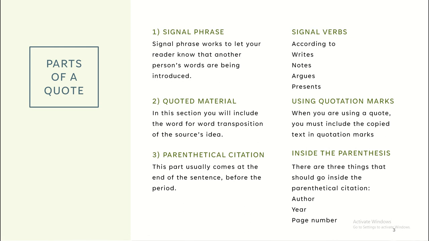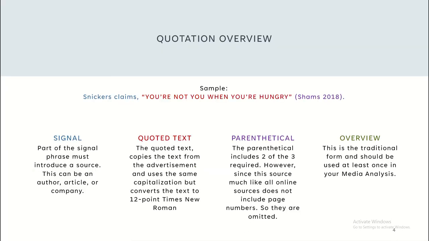And so let's take a look at an example. Now, in this example from the Snickers commercial I'm using, Tamir Shams, I believe is his name, is the person who's responsible for the photography and the design of the advertisement that we're going to be looking at, or the one that we saw previously in the sample, right, with the woman with the tiger painting and all that stuff.